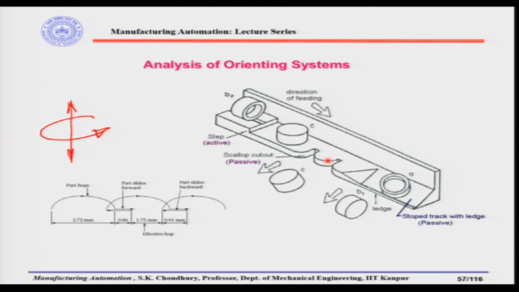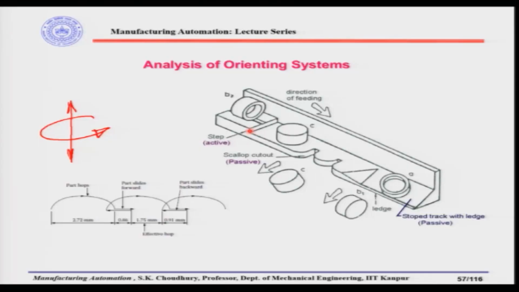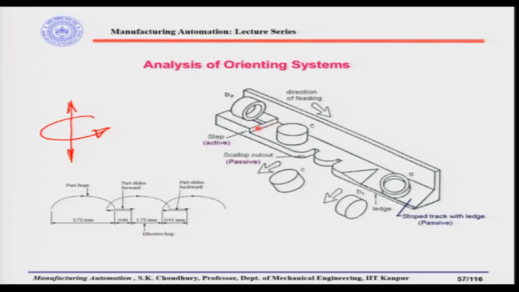Because these are passive devices, they will reject the parts, they will not be able to reorient the parts. Whereas the step can be considered an active device, because in the steps many of the parts in different orientations are actually reoriented to the desired orientation, let us say heavier side down. Therefore, the steps can be considered an active device.